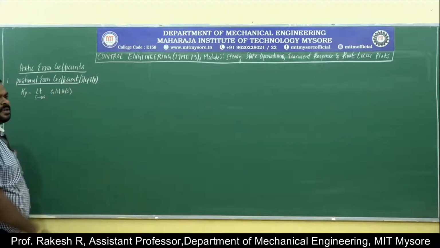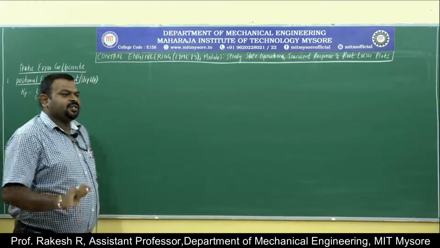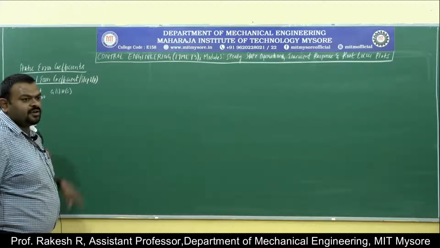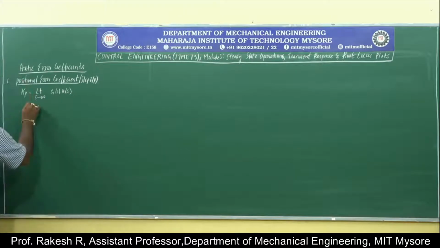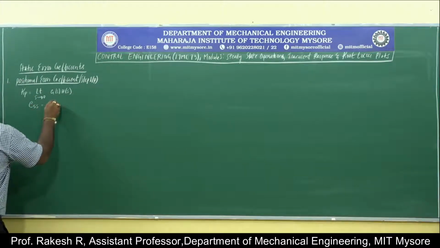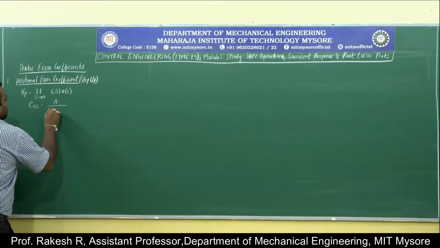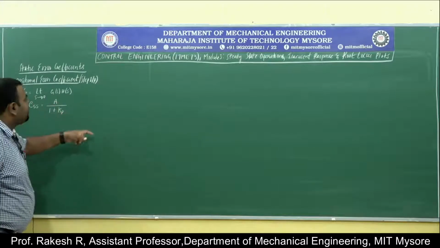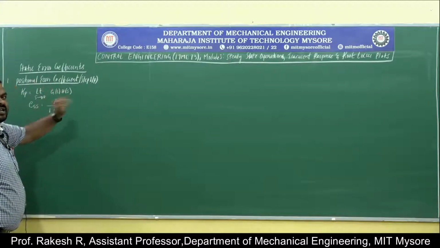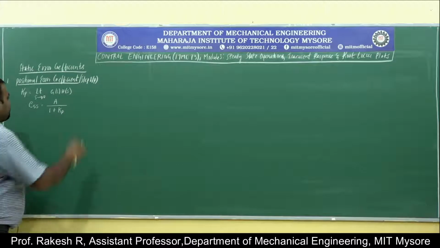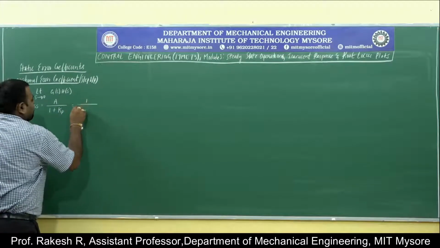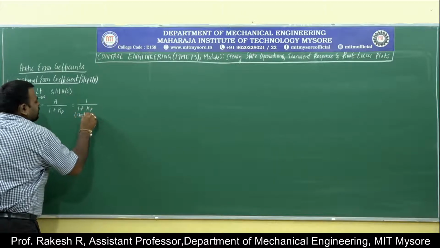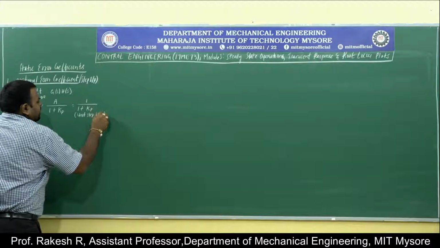This is the proportionality constant for a step input. The steady state error will be A divided by 1 plus Kp. For a unit step input, A will be equal to 1, so it will be 1 divided by 1 plus Kp.